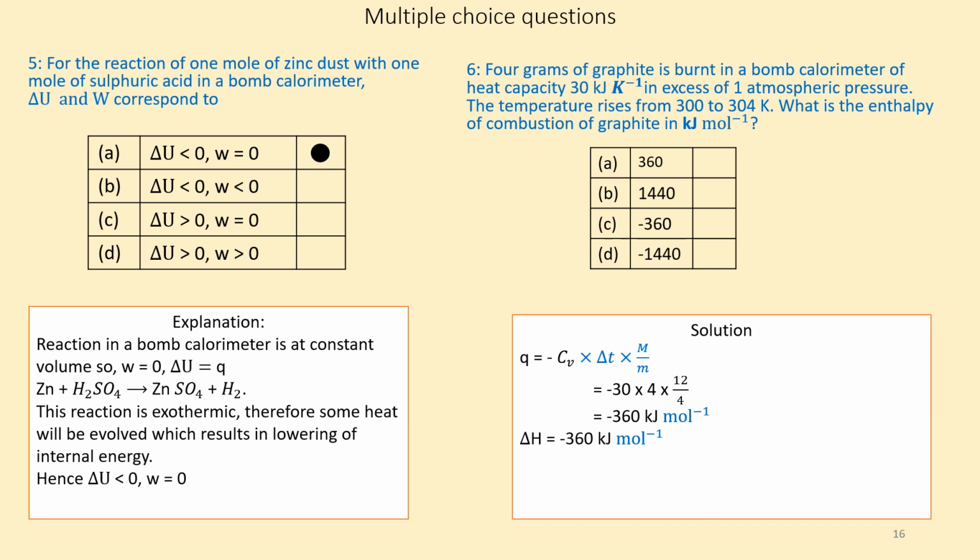The descriptions of all the parameters in this equation are given in this video itself. So mark it. The value of Cv is given as minus 30, into delta T, which is 4 degrees, that is 300 to 304, into capital M, which is 12, you have to remember that, divided by small m, which is 4 grams, it is given. Simplifying, we get the answer as delta H equal to minus 360 kilojoules per mole. This is given as option C. Please mark it.